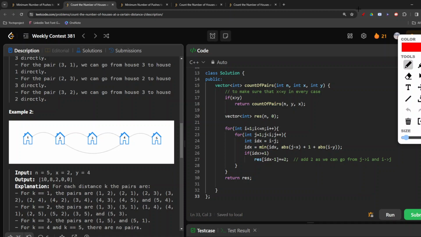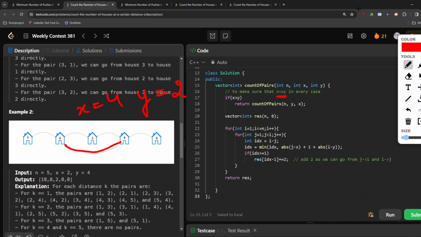Now first thing is that here the person wants x to always be less than or equal to y, because there could be any example which could be given, like where x is equal to 4 and y is equal to 2, although they mean that the path is between them and it is already bidirectional.